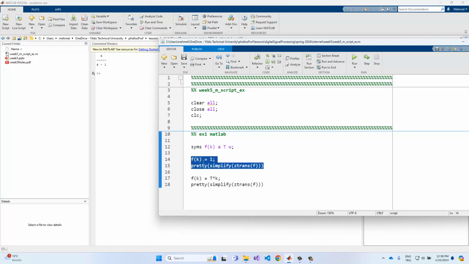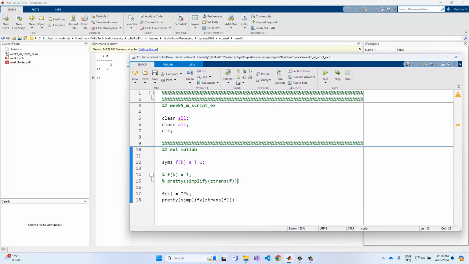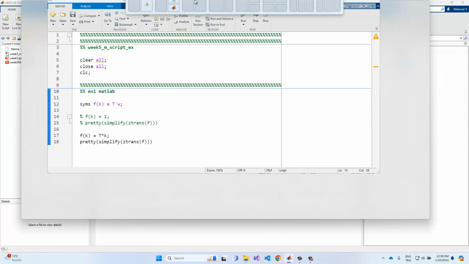If we run it, we will have T times Z divided by Z minus 1 squared. Just remember that we have a second order equation in here, the square form, which means that we have the signal in increased form at these notations.